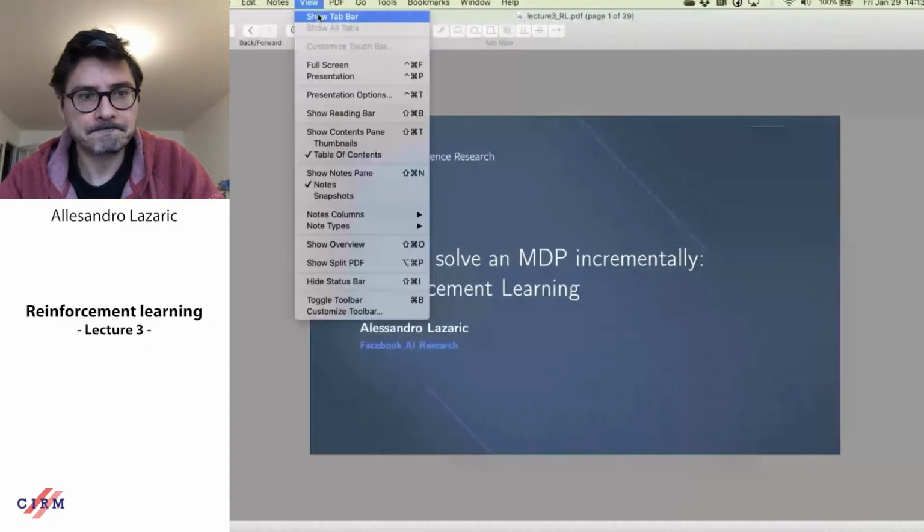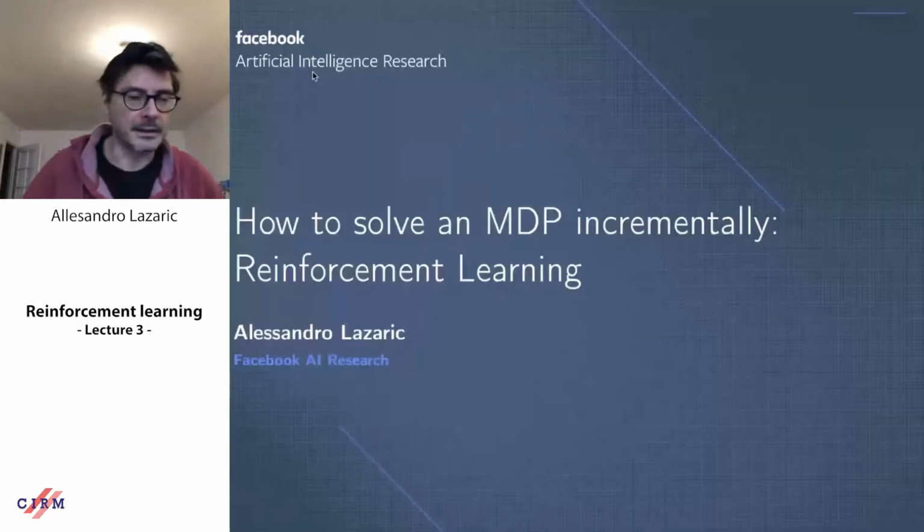Is there any question? Okay, so I think there is no question. Then we can jump to the properly said reinforcement learning strategies. But again, if there is any question, feel free to interrupt me at any time, of course.